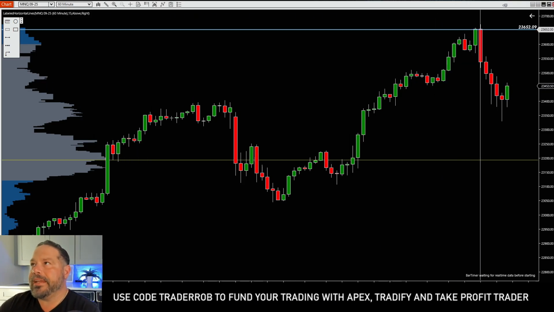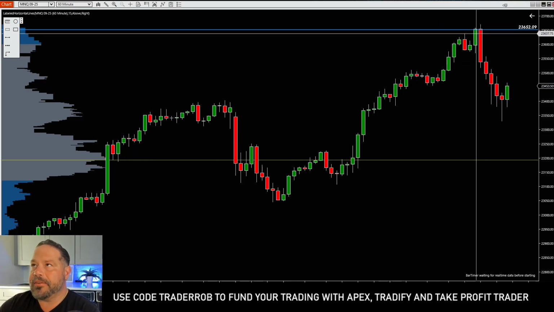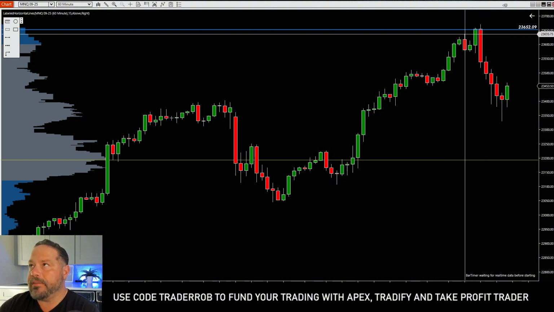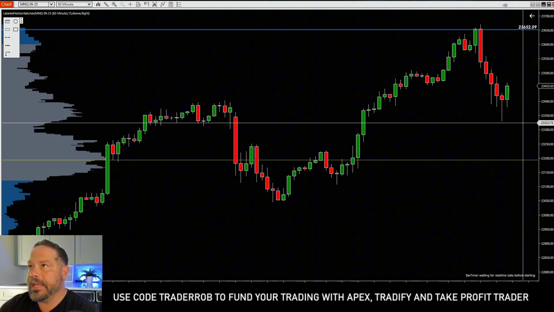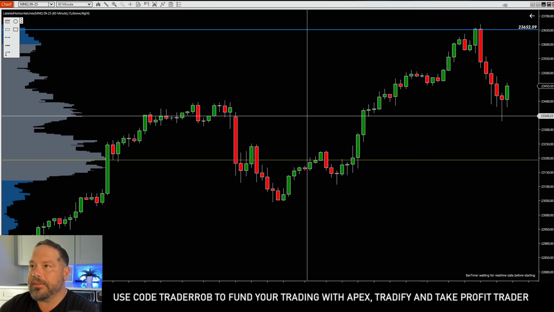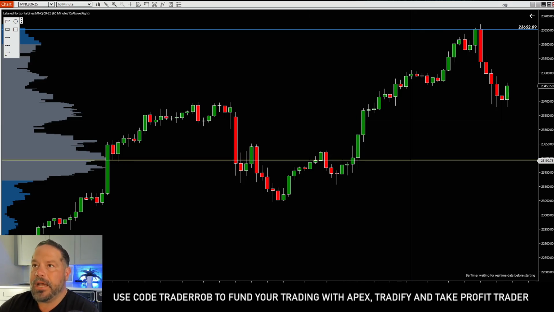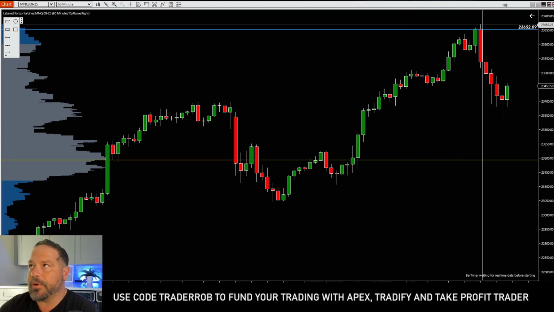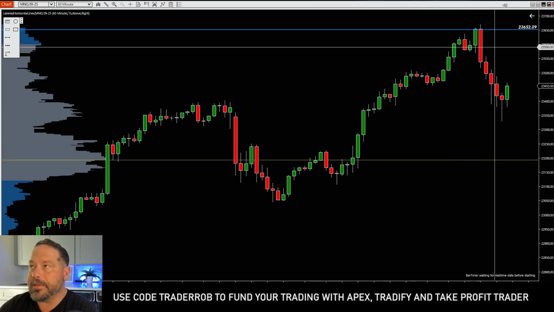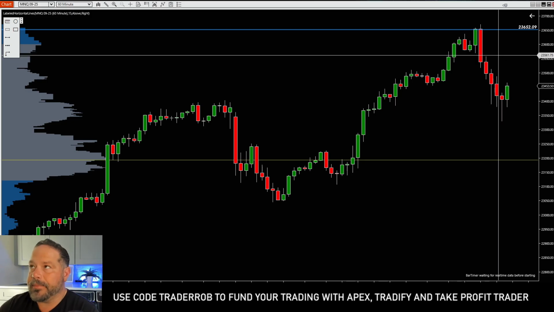But you want to find locations on the 15 or the 5-minute where you have this type of reaction, and that you break structure. If you're able to break structure, it's going to be a much stronger level for you up here. It's almost one of my requirements now for there to be some type of structure broken on either the 5 or the 15-minute.